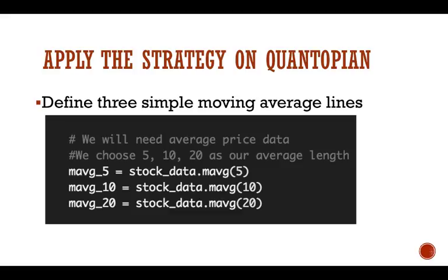And after we define the stock universe, we need to define the function for trading. First of all, we define three simple moving average lines whose periods are 5 days, 10 days, and 20 days. And we use the function MAVG to calculate the average of close prices for different periods directly.